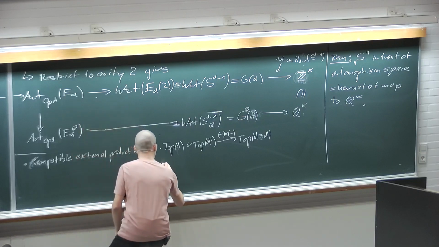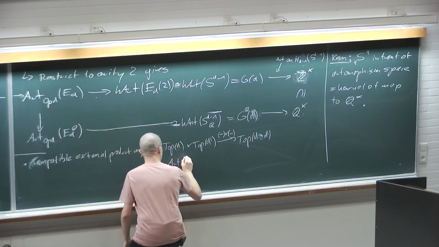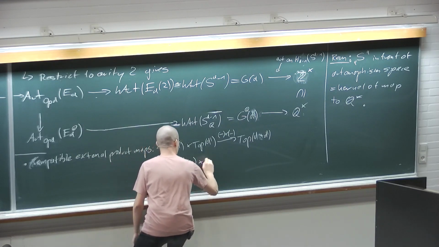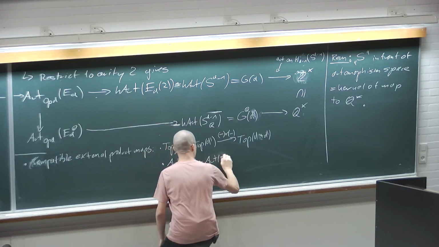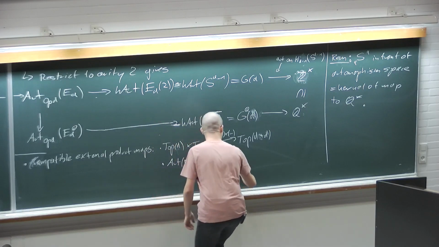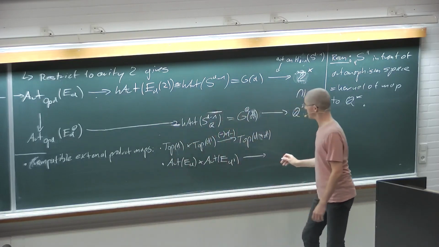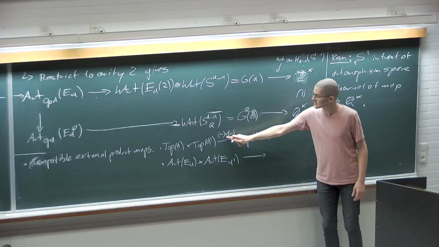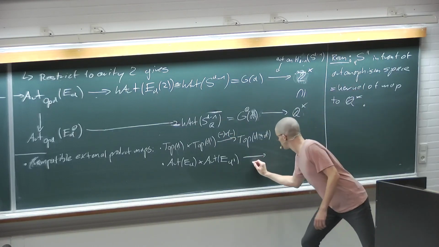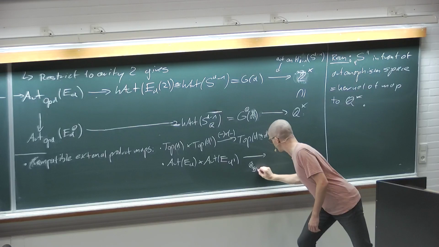Let me give you some of the examples that might be less familiar to you. If you take an automorphism of the E_d operad and an automorphism of the E_d' operad, then there's an analog of the direct product in the land of operads. It's called the Boardman-Vogt tensor product.